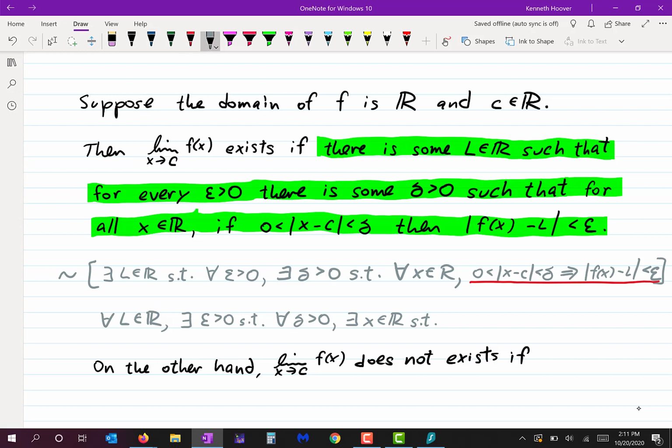You get a conjunction of the hypothesis of the conditional and the negation of the conclusion. How do you negate the absolute value of f of x minus L is less than epsilon? We say the absolute value of f of x minus L is equal to or greater than epsilon. Okay, there we go. So now we have the negation of the definition of limit written in symbols.